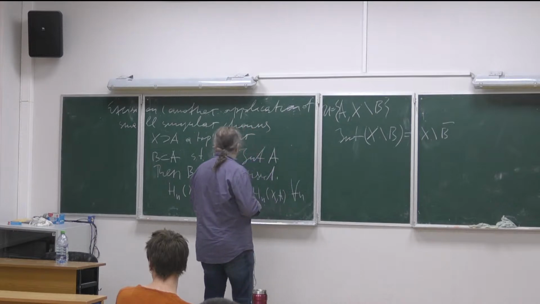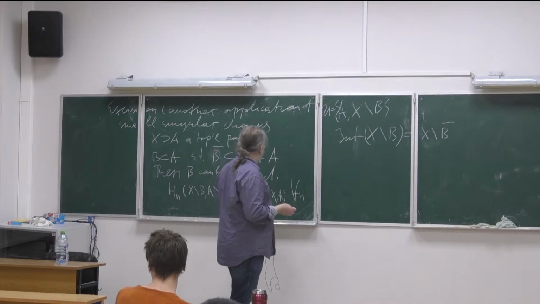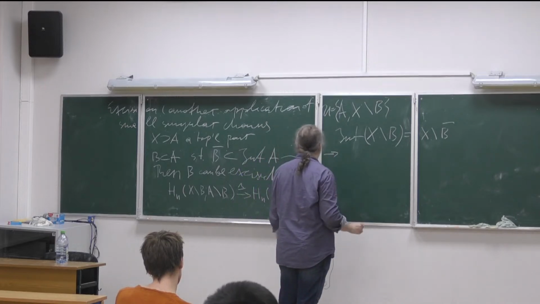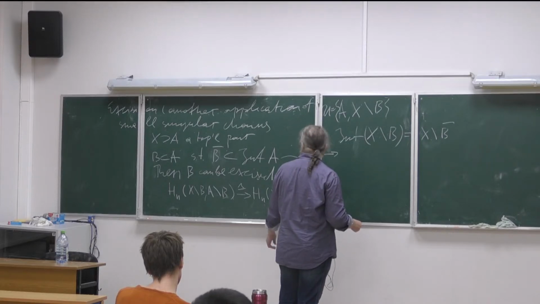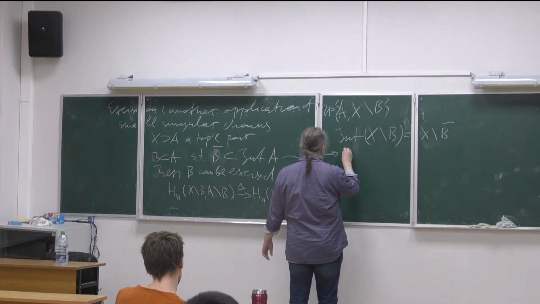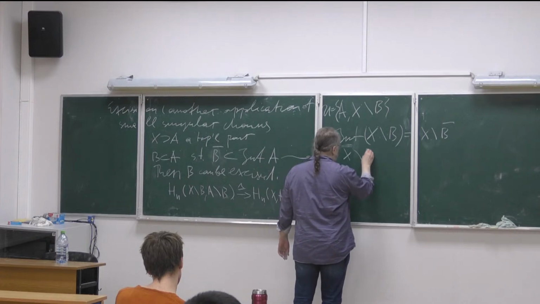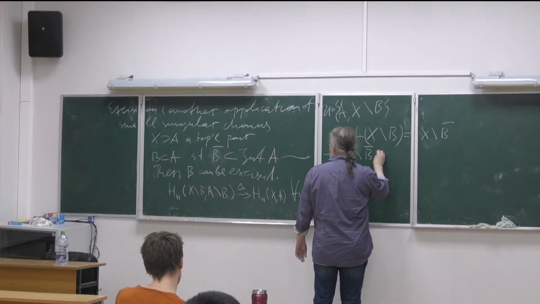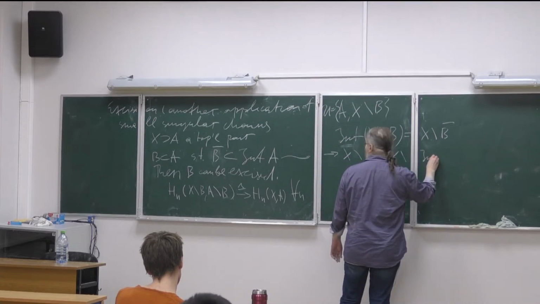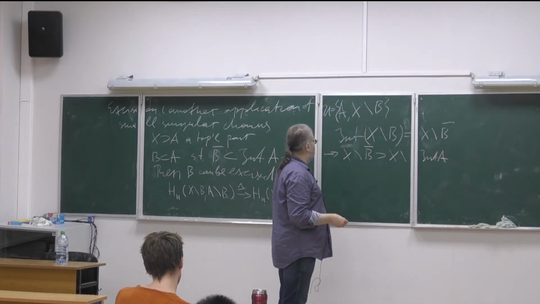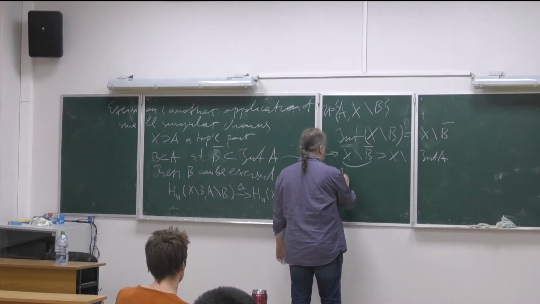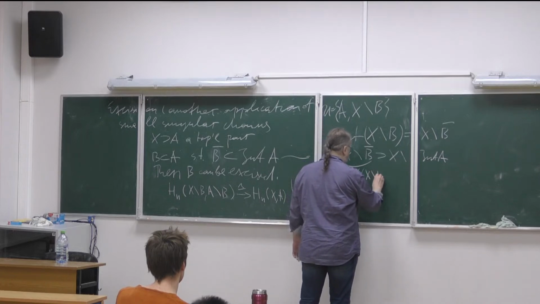Okay, well, let's see. We have this property, and this property says that B bar is inside the interior of A, which is the same as to say that X minus B bar contains X minus the interior of A. Well, X minus B bar is the interior of X minus B. So what do we have?